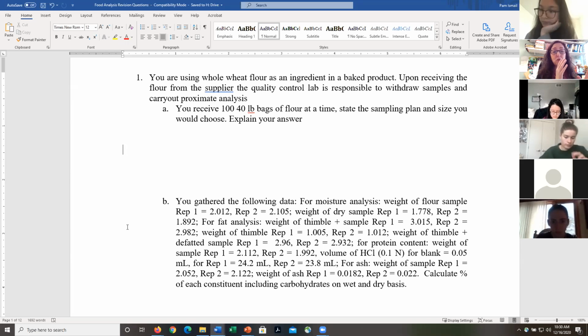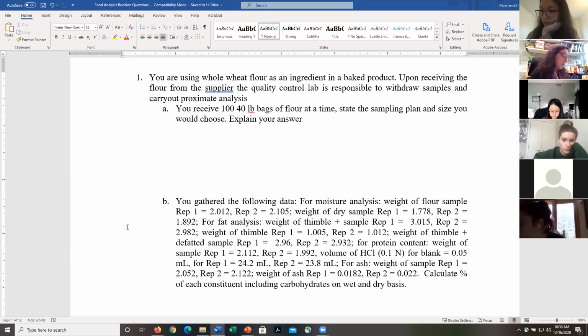You're not going to test all of them. I might have multiple versions here. It should say 140 pounds bag.